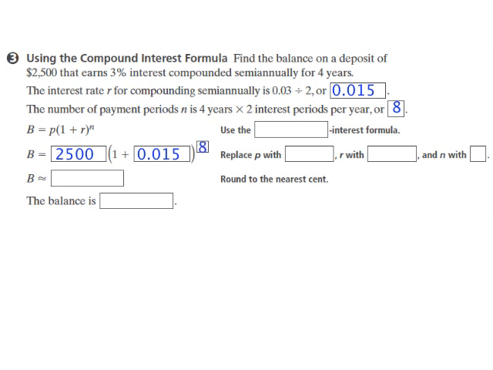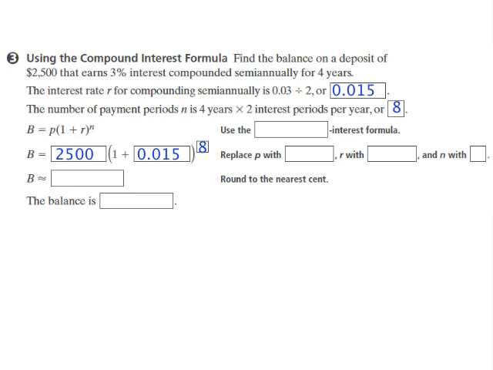So we have 2,500 times the quantity 1 plus 0.015 to the 8th power. When you solve this, I want you to take a moment and try it on your calculator. Take the 1 plus the 0.015, take that sum to the 8th power, then multiply it by 2,500.